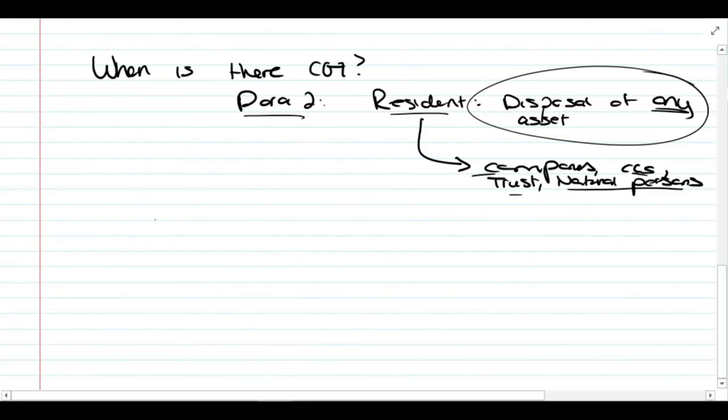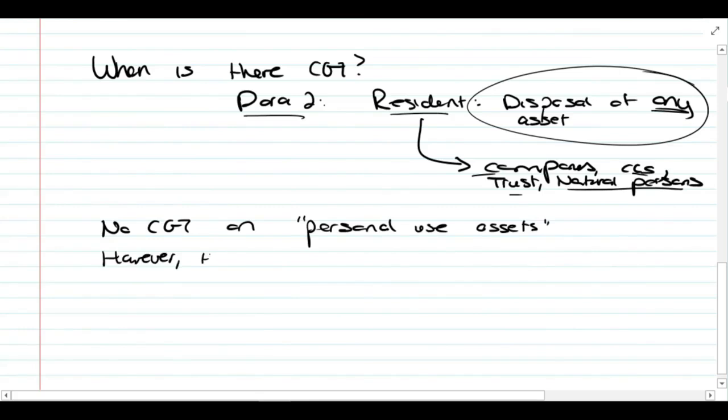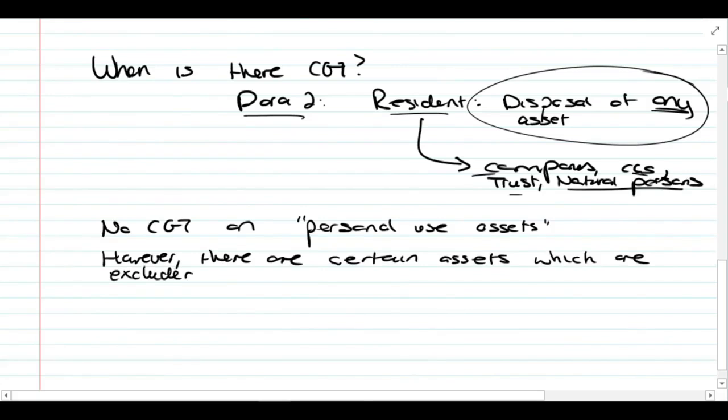Then you can say there's no CGT on personal use assets. However, there are certain assets which are excluded from being personal use.